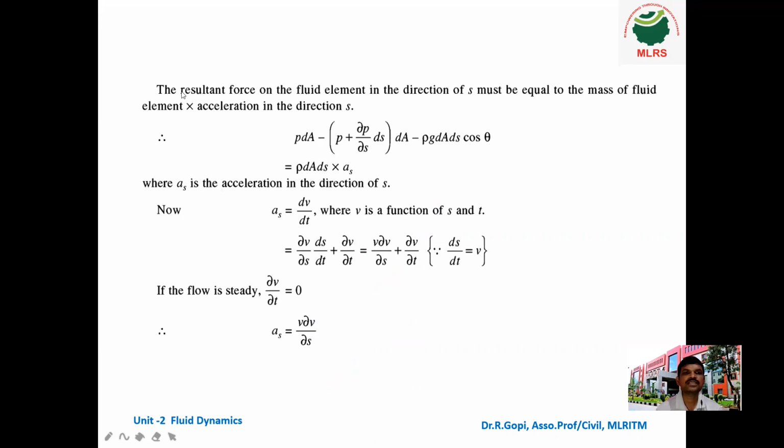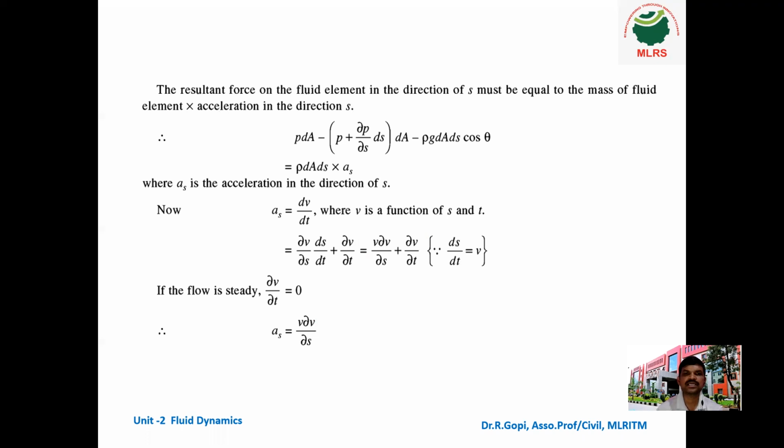Now the resultant force on the fluid element in the direction of S must be equal to the mass of the fluid element into acceleration in the direction S. Mass into acceleration is Newton's second law.